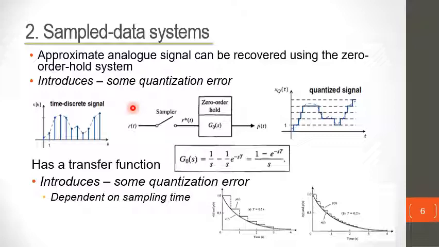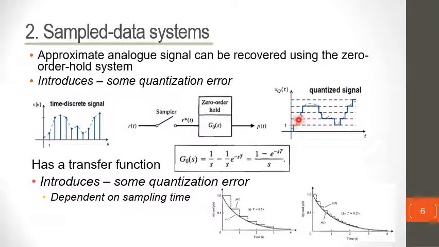So, approximating this analog signal with a digital signal, we sometimes use what's called a zero order hold system. A zero order hold system is a system whereby the output signal is made up of different steps, in the sense that you sample and hold the value until you get the next sample.